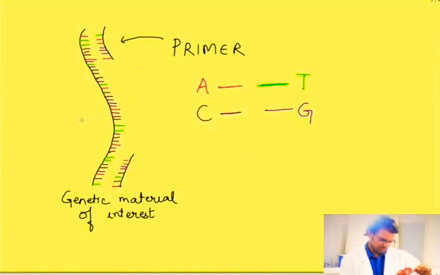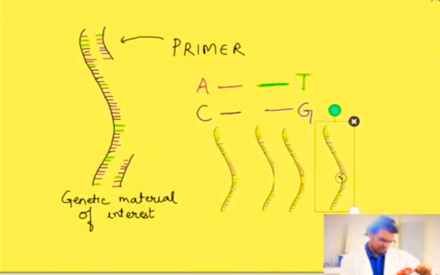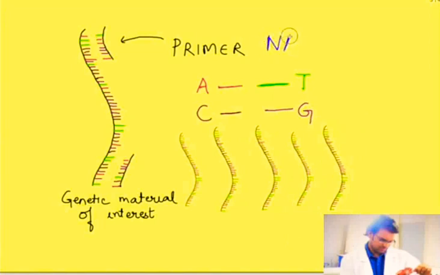Anyways, the primers bind with the genetic material, and once that happens, it is amplified in quantity. This makes it possible to detect even small amounts of the nucleic acid present in the sample. So these tests are known as nucleic acid amplification tests.